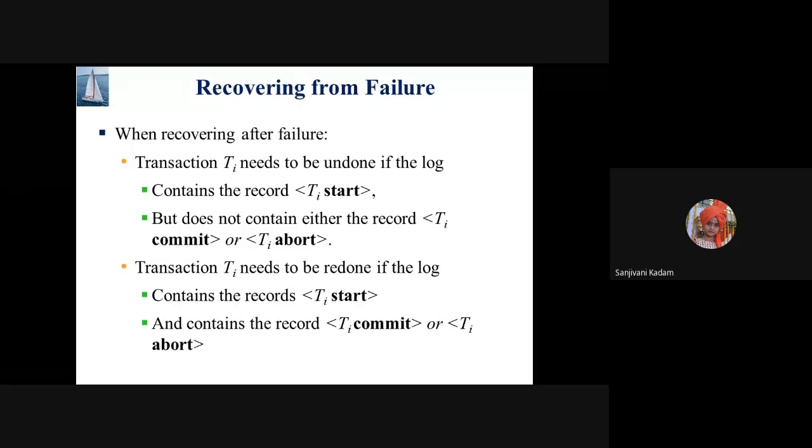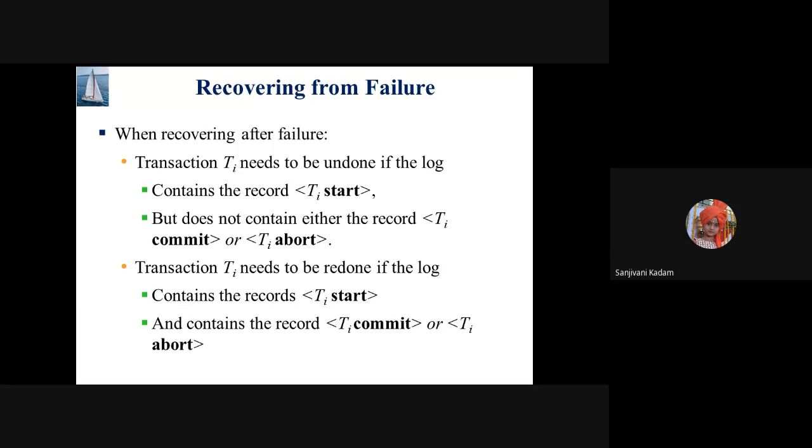Recovering from the failure. So, how can we start recovery from the failure? Whenever, during the normal execution, we are keeping a log record. So consider that at any point of time we have a failure. Then we resume. It means after the failure, now we want to start a recovery phase.